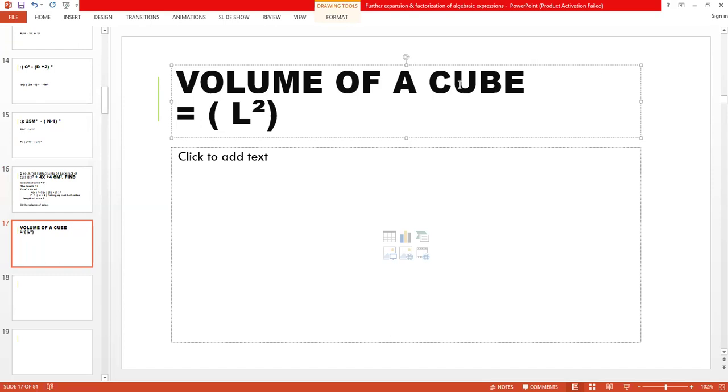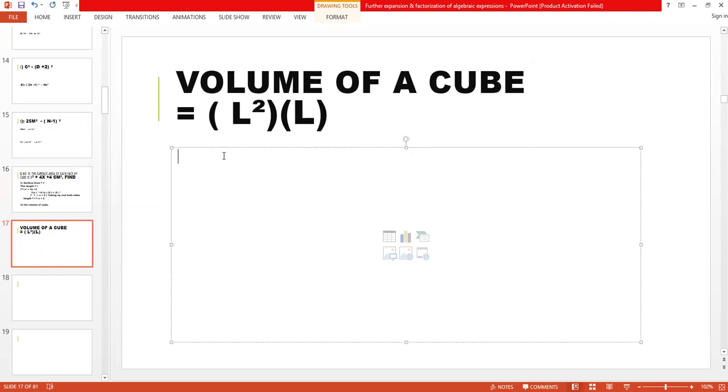Look here. It is equal to L square multiplied by L. Why do I have to write it here? Because we have L square and we have L. Volume of cube is equal to L cube. Actually, what is its formula? Is equal to L cube.